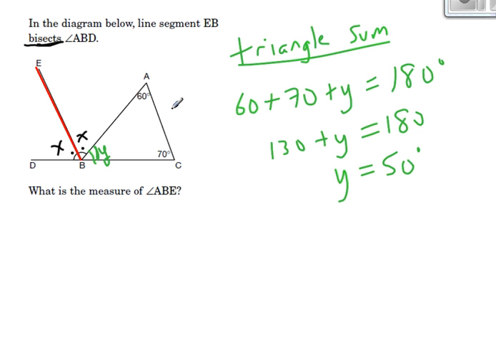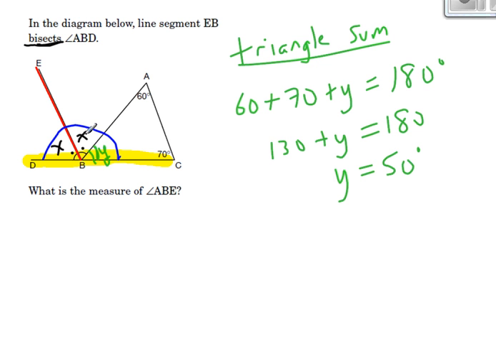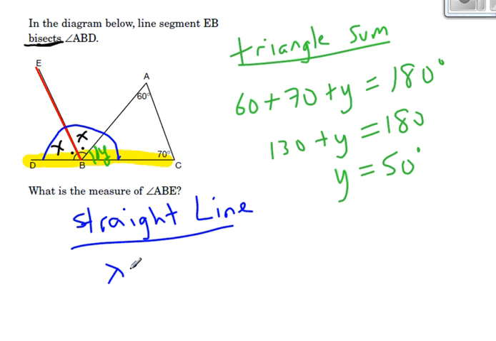How does that help me find X? Well, you should notice that there's a straight line right here. And we know that in a straight line, there's 180 degrees total. So this straight line is made up of 2X plus Y. So 2X plus Y must be 180 degrees because of the straight line rule.